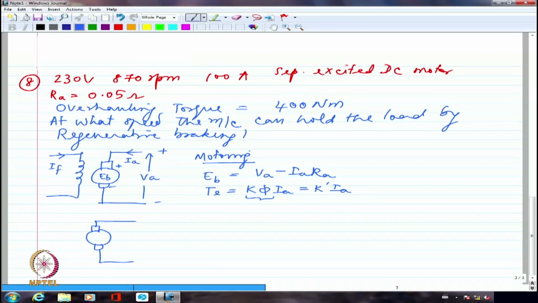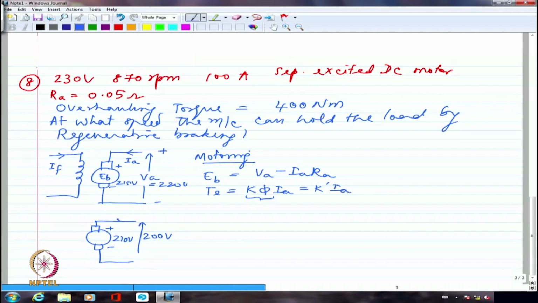If VA is decreased and EB happens to be greater than this decreased VA, originally maybe I had 220 volts here and 210 volts here, which is EB. Maybe I have decreased this now to 200 volts by removing a 20 volts battery. And I am not going to definitely have the speed decreased immediately. That's not possible because there is inertia.